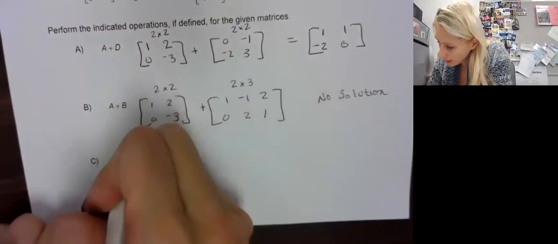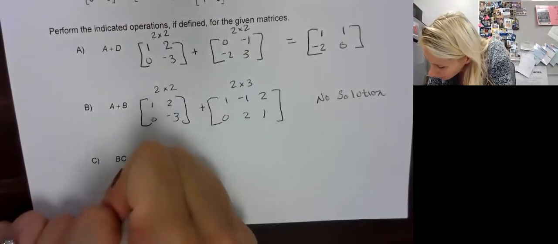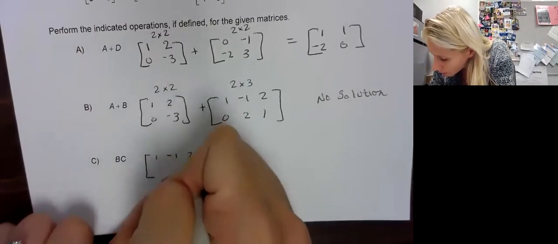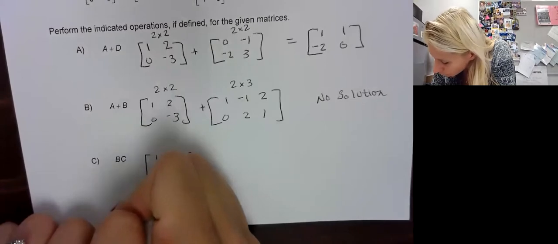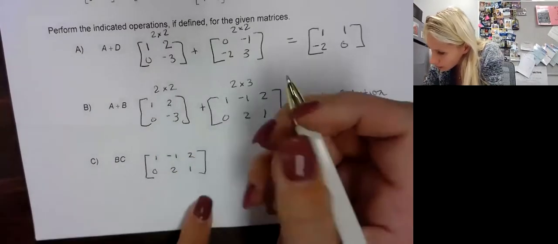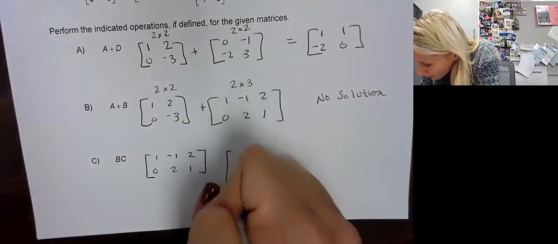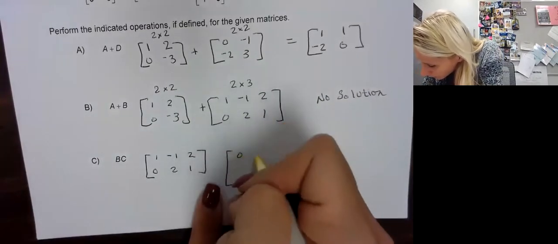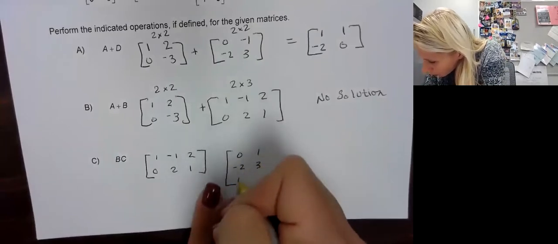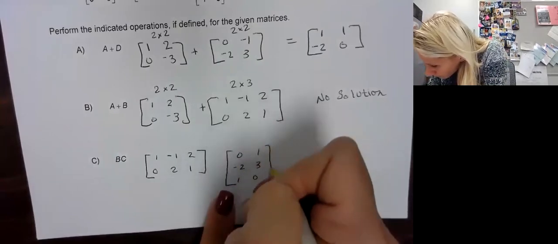All right, B times C. I'm hoping, guys, that this works because I don't have enough room to write all my work down. So there's B, and then we have C, so 0, 1, -2, 3, 1, and 0.